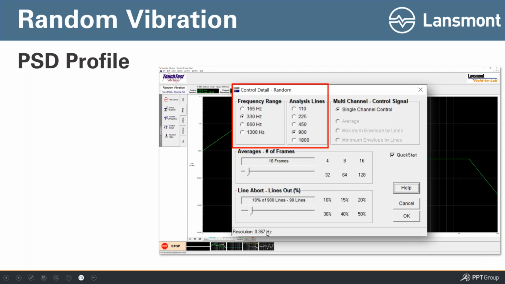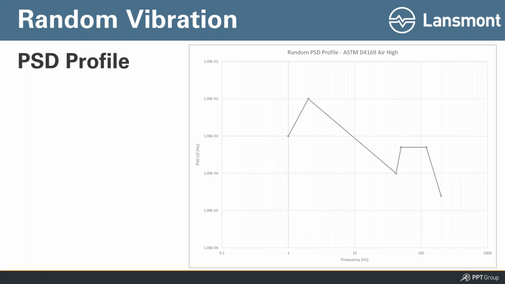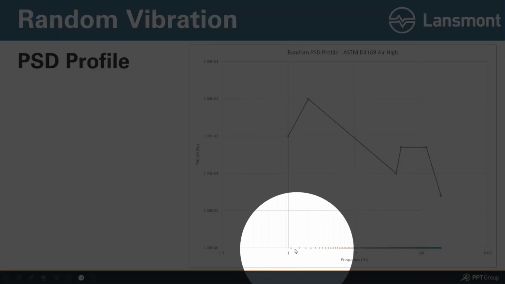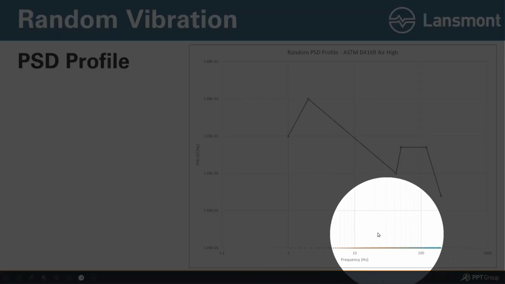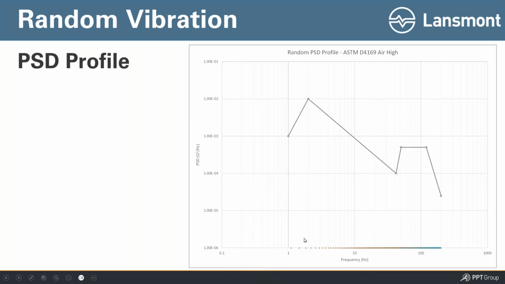What that means, from a trying-to-understand-things standpoint, is if I put that PSD back up there, which is really only made up of 6 points, and look at that plot, down at the bottom of the screen you can see I've basically plotted a point at every 0.367 hertz. I've diced that up into 0.367. There's 900 points, believe it or not, on the bottom of the screen.